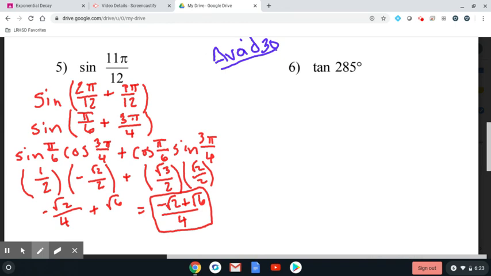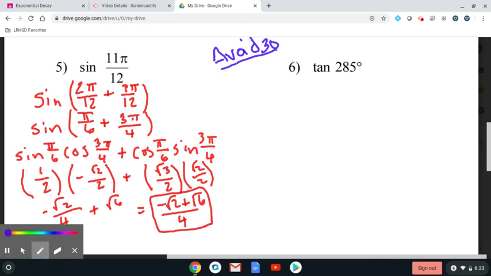So we want to stick with 60 degrees and 45 degrees. If you're working in radians with tangent, make sure you avoid pi over 6, because pi over 6 is going to give you that same fraction. So for degrees, avoid 30 degrees, and for radians, avoid pi over 6.